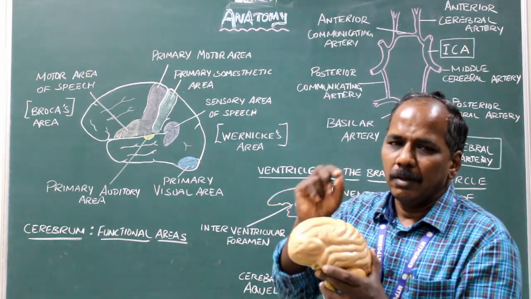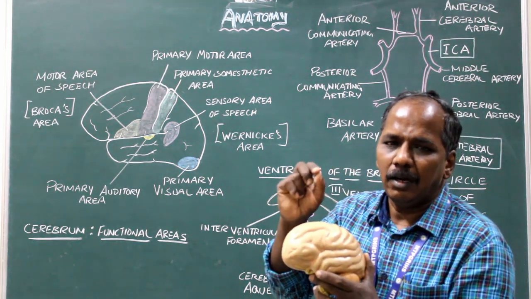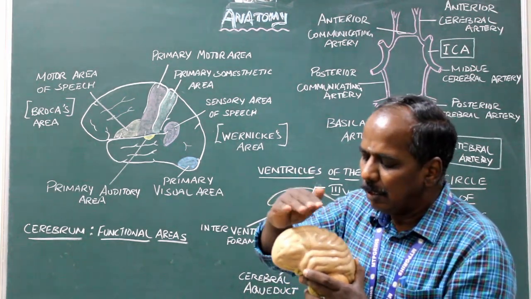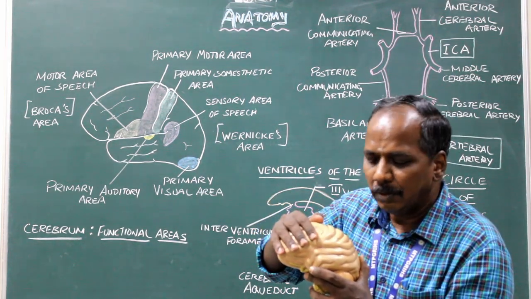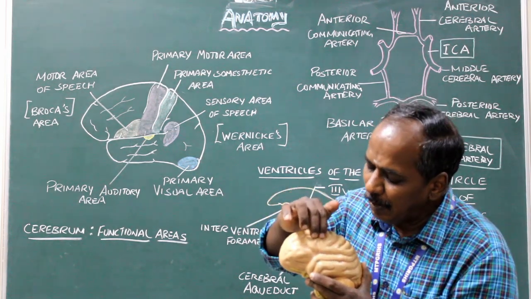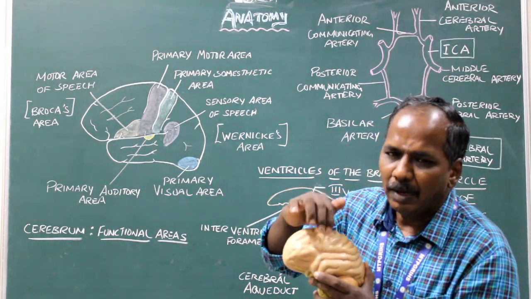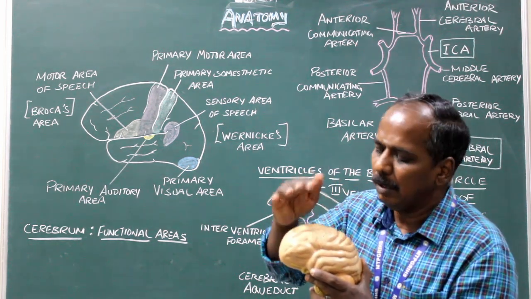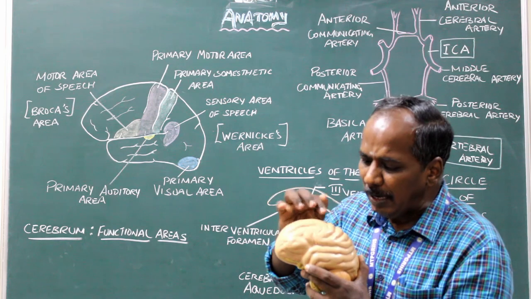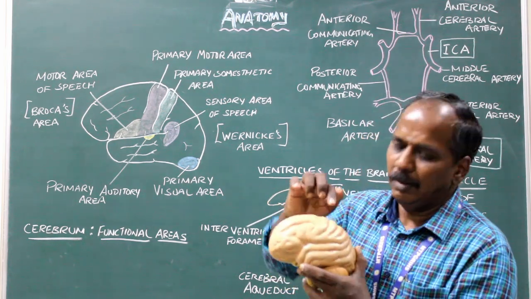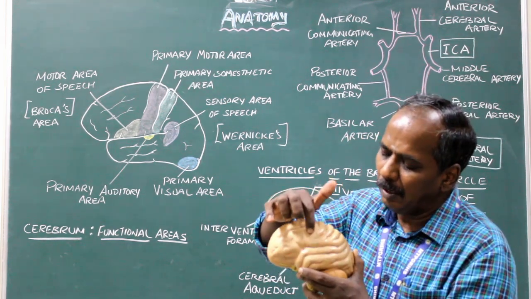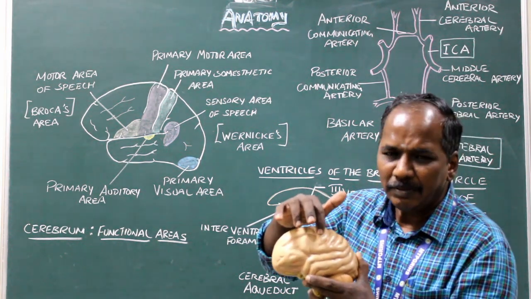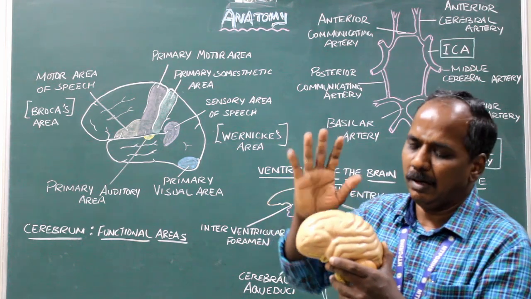So the motor speech area, Broca's area of speech, is present in the frontal lobe, in the inferior frontal gyrus, near the lower end of the precentral gyrus or primary motor area, just in front of the primary motor area.